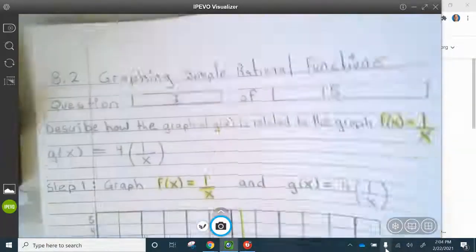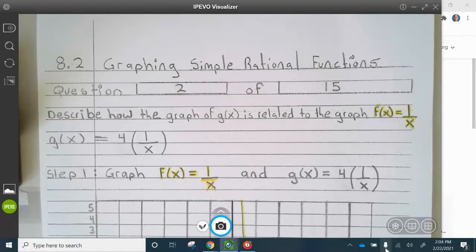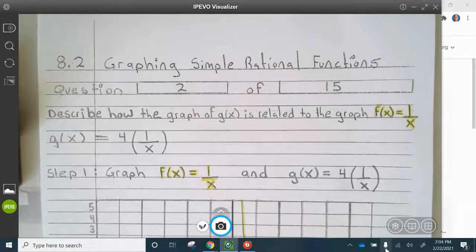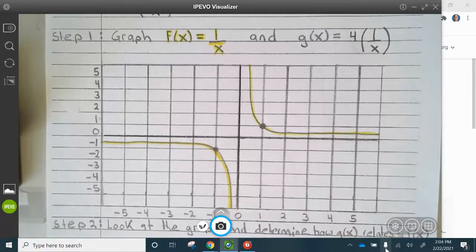All right, question 2 of 15. Describe how the graph of g of x is related to the graph of f of x equals 1 divided by x. Okay. Now, the graph of f of x is graphed, and now let's look at g of x, okay?